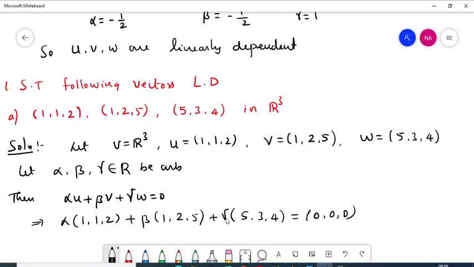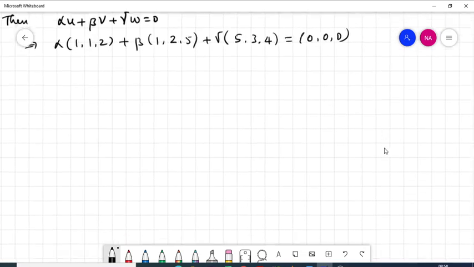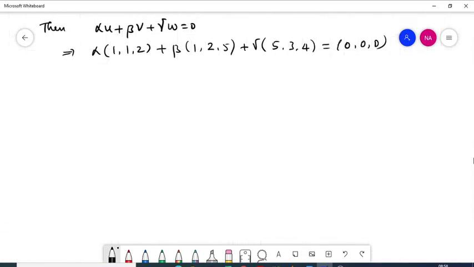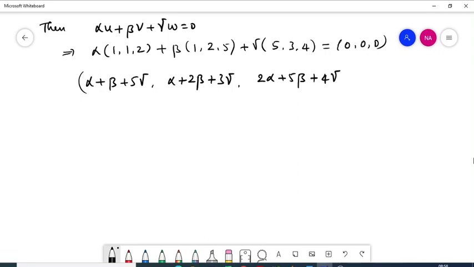So that implies (alpha plus beta plus 5 gamma, alpha plus 2 beta plus 3 gamma, 2 alpha plus 5 beta plus 4 gamma) equal to (0, 0, 0).